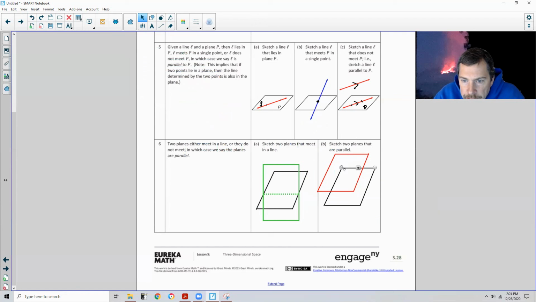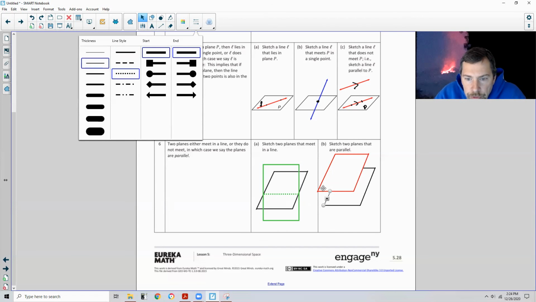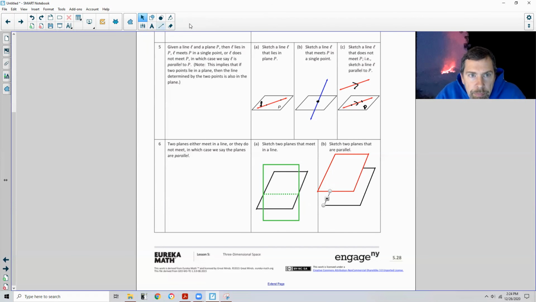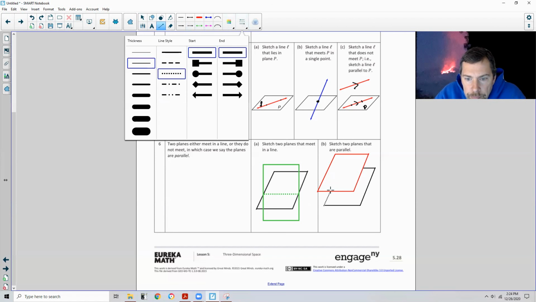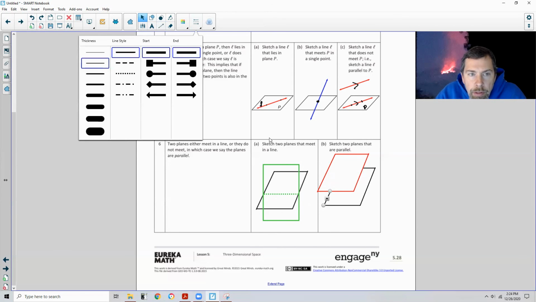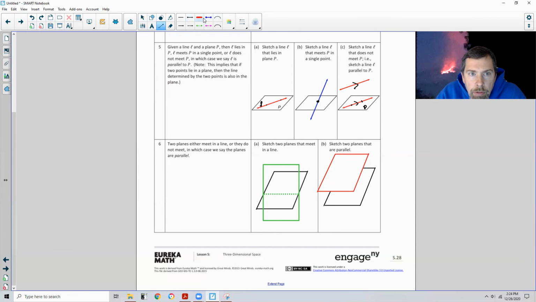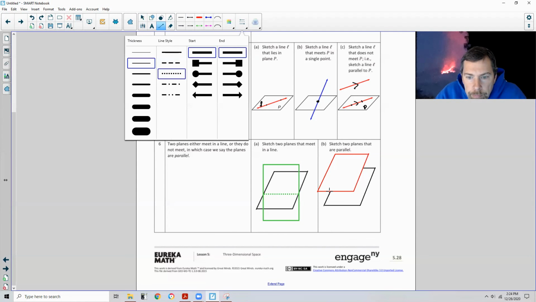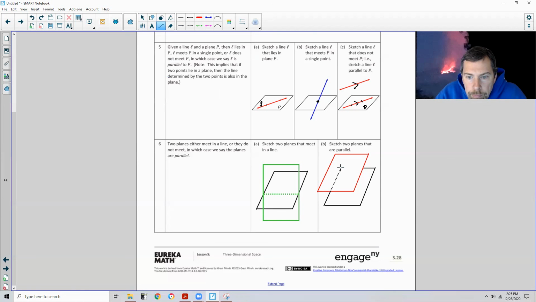All right, so I want to take this segment and drag it back to here. Take this one, drag it back to here, and then use a dash line to show that it's behind. Like so. That would be two planes that are parallel.